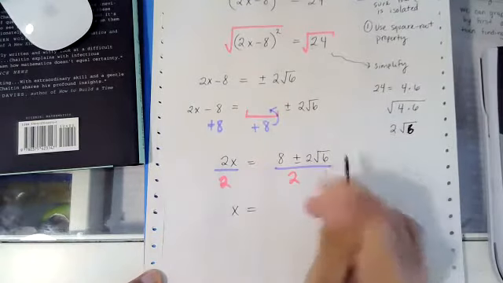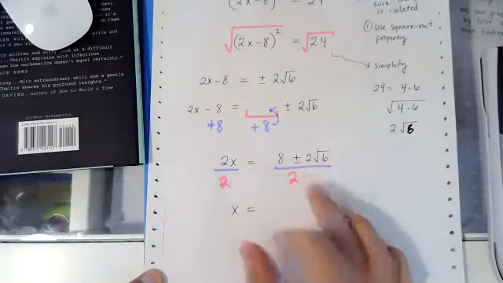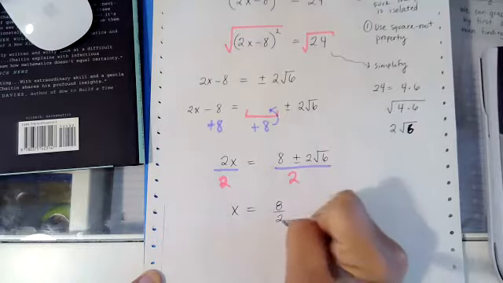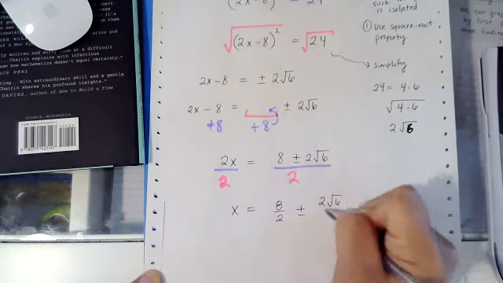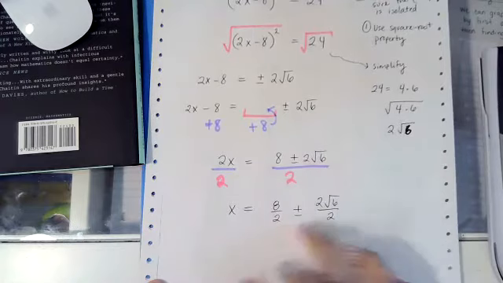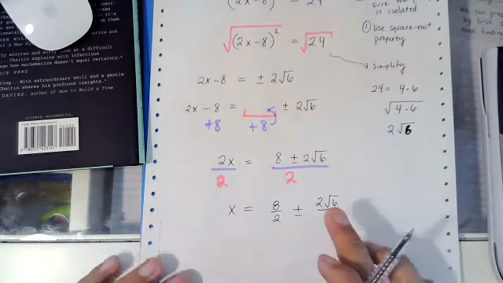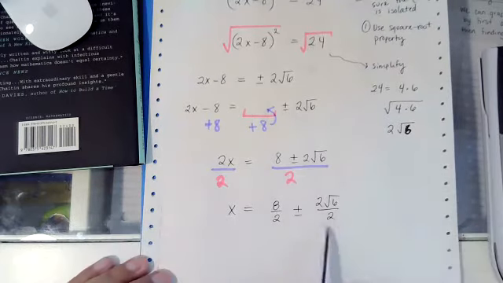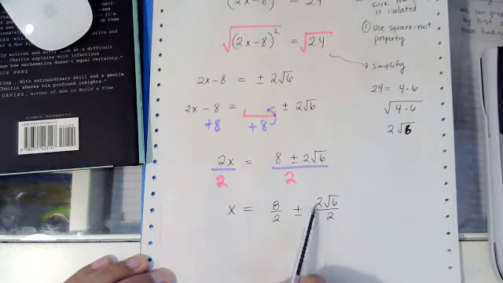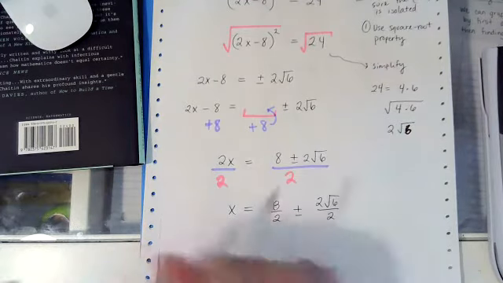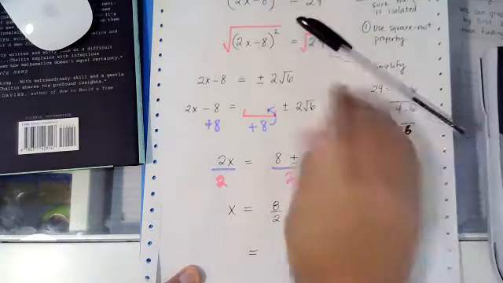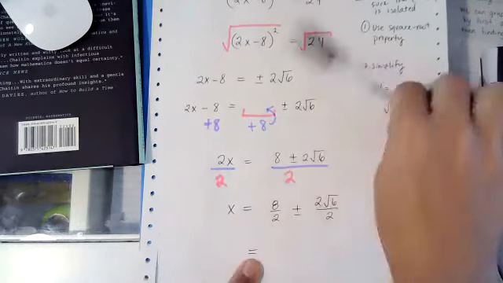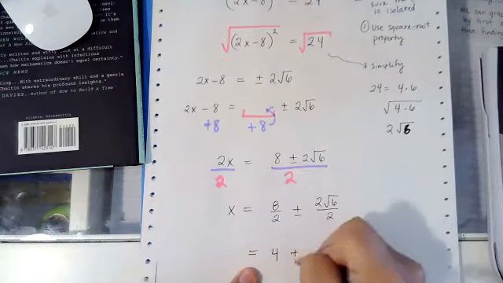X is then equal to this guy. But this guy can be simplified. Remember, we need to break apart the fraction. So 8 over 2 plus or minus 2 root 6 over 2. And then we're going to simplify the fractions, but keeping in mind that if we have a radical expression, the number inside the radical is trapped in that operation. This 2, or this denominator, can only interact with the numbers that are on the outside. So when we simplify this, the first fraction is 8 over 2, which you can interpret as 8 divided by 2. That is going to be 4 plus or minus.